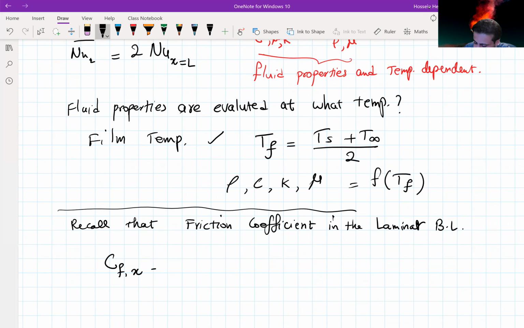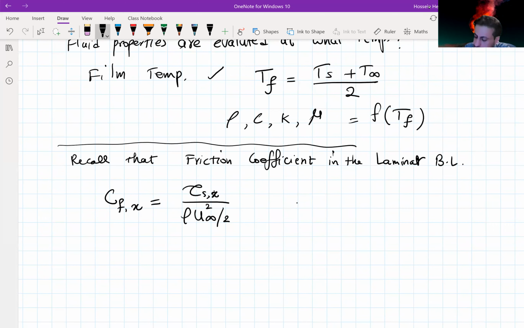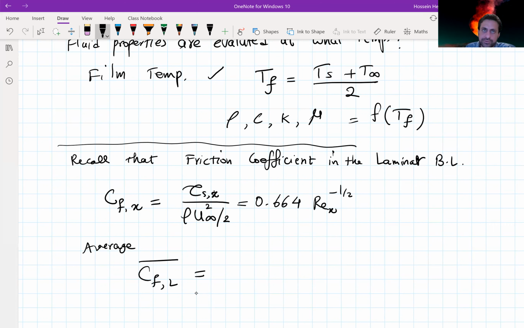And we showed that C_f of x is going to be tau_s of x, the local wall shear stress, divided by rho u infinity squared over 2, which is going to be 0.664 local Reynolds number to the power of minus 0.5, and the average friction coefficient C_f of L, on average, what you're going to get is 1.328 Reynolds of L to the power of minus half.